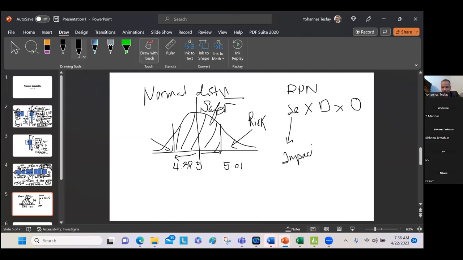Detection is my ability to catch it, my ability to detect it. Then occurrence is how many times it is going to happen. This is the frequency.